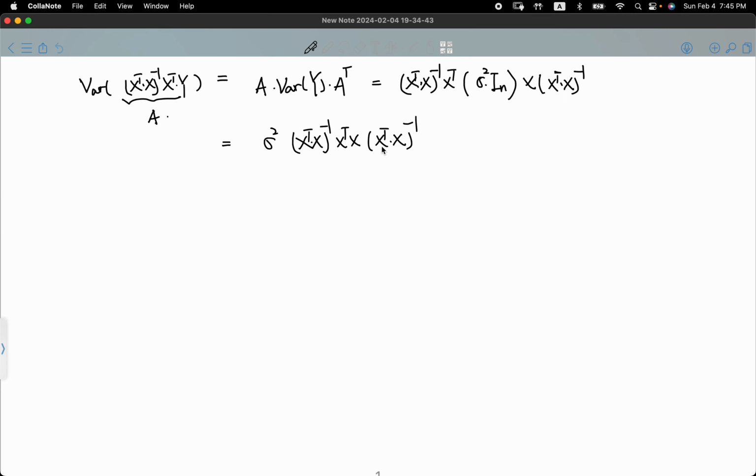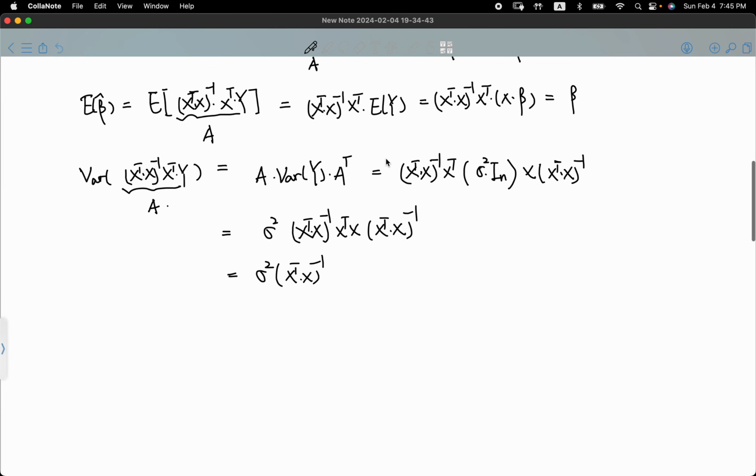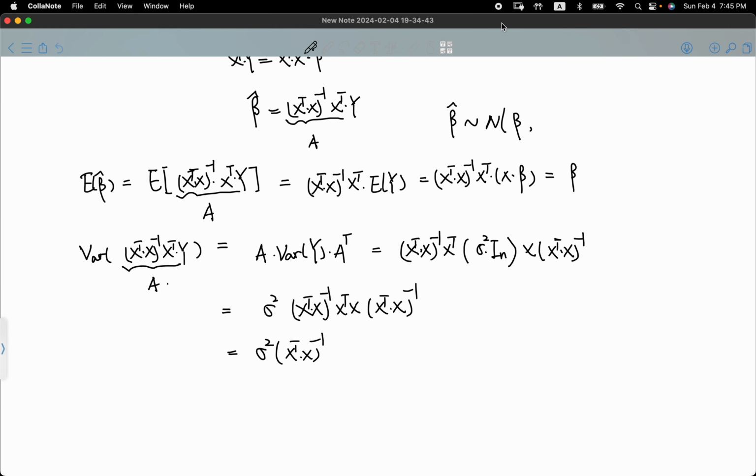So that should conclude our discussion on the distribution of beta hat. Beta hat follows a normal distribution centered around beta with this particular variance covariance matrix.